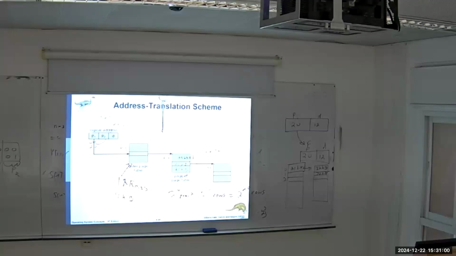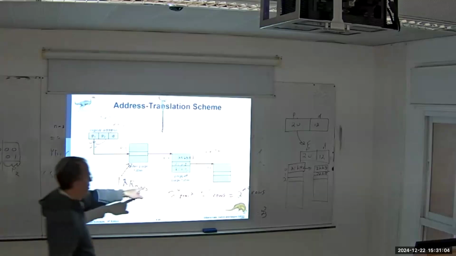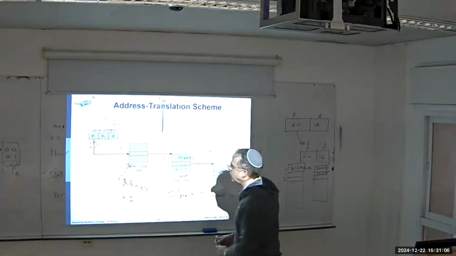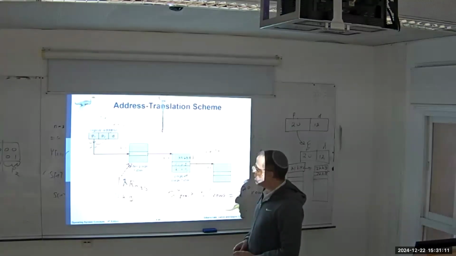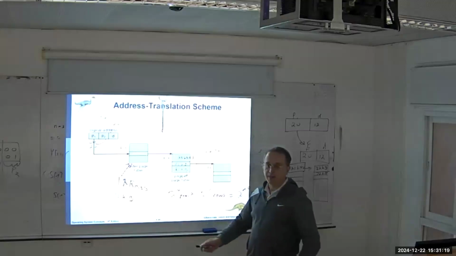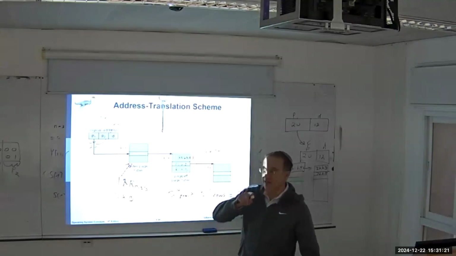Why does it have to be 1 kilo rows? What's the address of one of these things? It should only be 20 bits. Oh, you're saying there's 2 to the 10th of them? Yeah, but to find them, I'm still going to need 2 to the 20th.